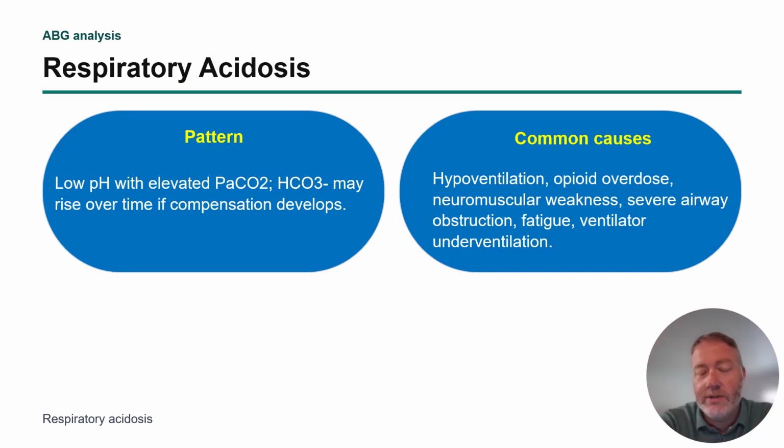If the bicarb is elevated, then that suggests some sort of compensation, so usually that's some form of underlying lung disease. Common causes of respiratory acidosis: hypoventilation, opioid overdoses are a big one. Neuromuscular weakness is a big one. Severe airway obstruction can cause it. Fatigue can cause it. And if you're underventilating them on the ventilator, that will cause it as well.